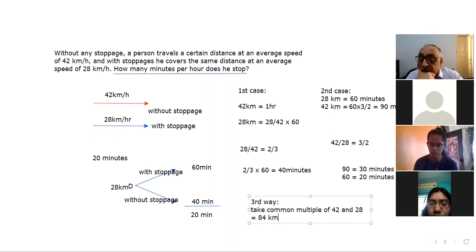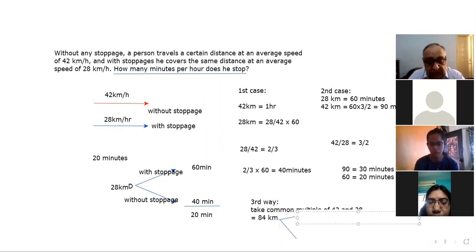Dipavita, is it clear to you? So it is 48 kilometers. Now we have the two cases further. Without stoppage, the person takes 2 hours to cover this distance, and with stoppage, the person takes 3 hours to cover the same distance.